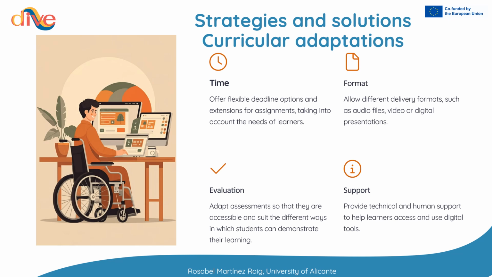In terms of time, we can offer flexible deadline options and extensions for assignments, taking into account the needs of learners. In terms of format, we can allow different delivery formats, such as audio files, video, or digital presentations. Evaluation: we can adapt assessments so that they are accessible and suit the different ways in which students can demonstrate their learning. And of course, support: provide technical and human support to help learners access and use digital tools.